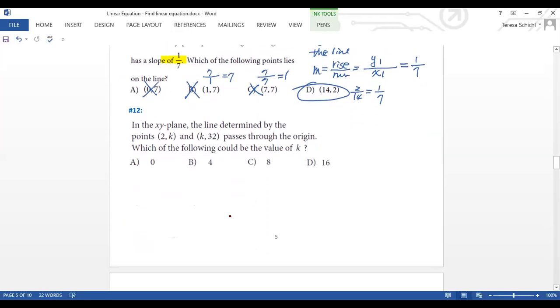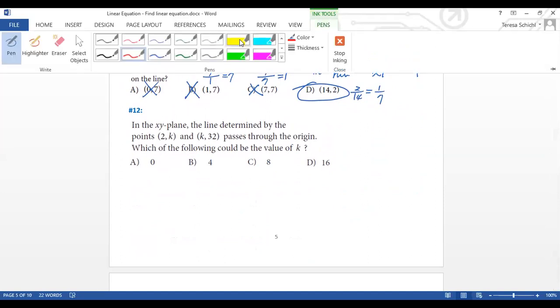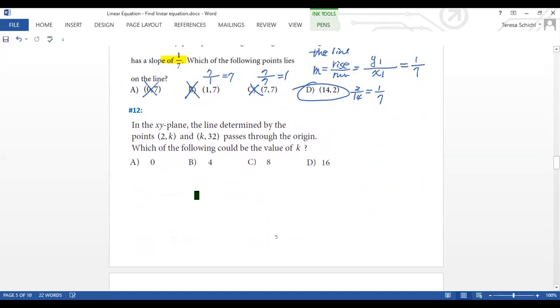Let's highlight the key points we want to find. In the XY plane, the line is determined by the point, so I have 1 point, 2 points, and it passes through the origin. Passing through the origin again, so it's a similar problem.